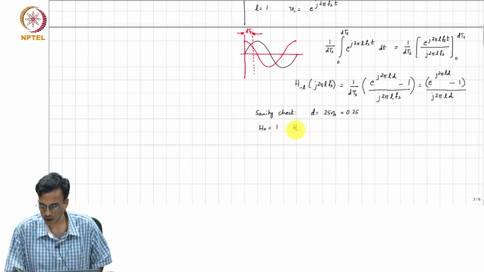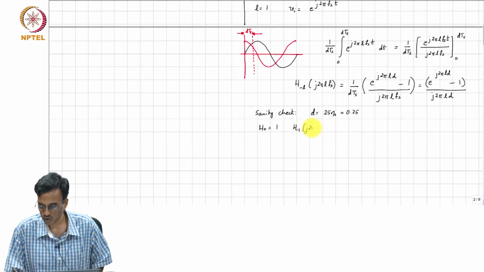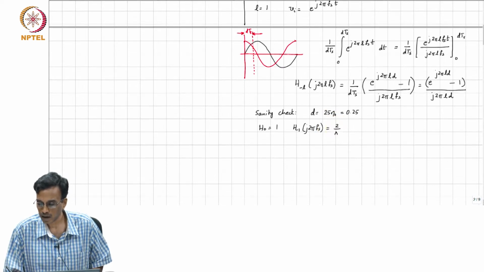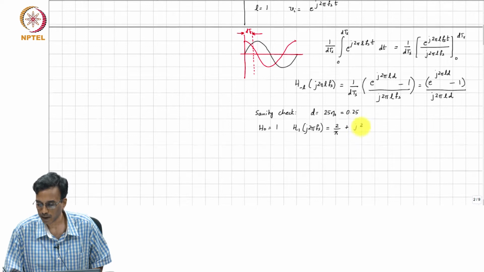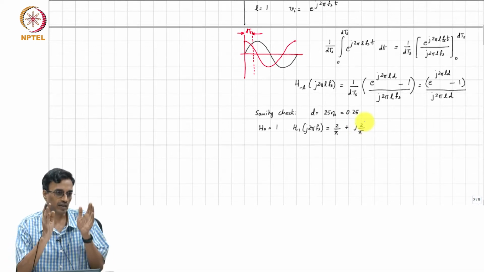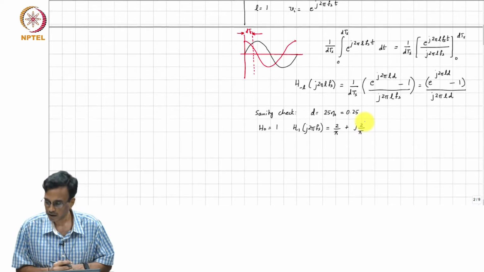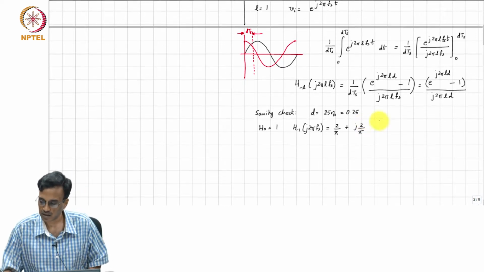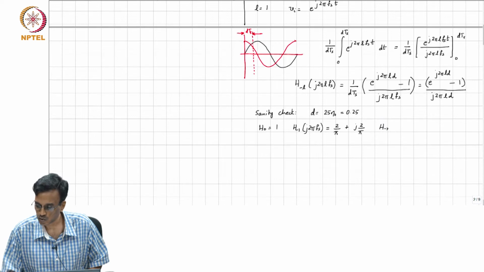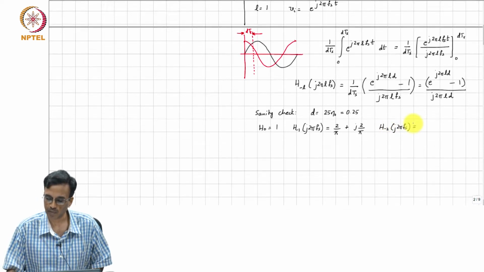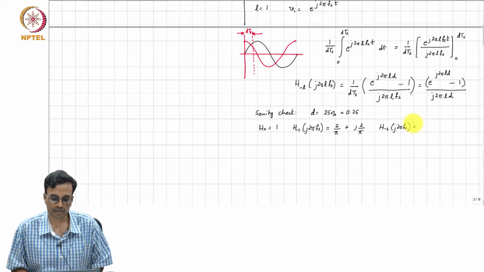H minus 1 of j 2 pi f s is 2 by pi plus j 2 by pi, from our averaging this over 1 quarter cycle, right, and h minus 2 of j 2 pi f s was nothing but, we are averaging over half a cycle.